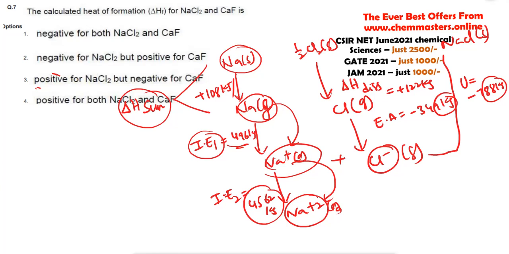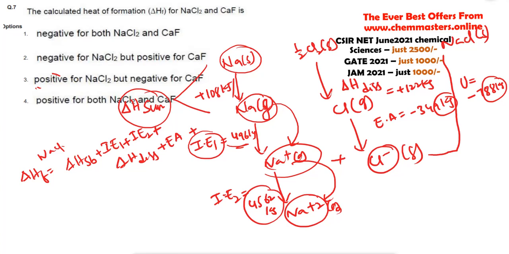Okay, right. So here we can find the enthalpy of formation of NaCl, which equals the enthalpy of sublimation plus the first ionization energy plus the second ionization energy, plus delta H dissociation of the chlorine gas, and electron affinity plus the lattice energy.